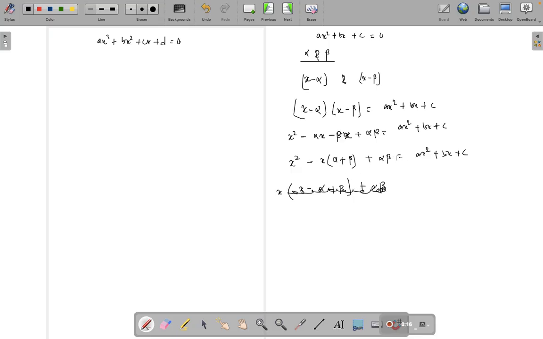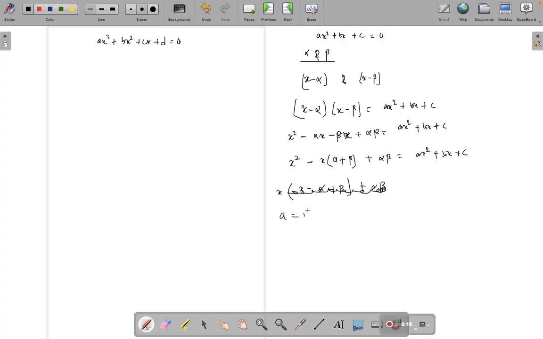if you just compare these two equations, what do you see? So a is 1, because ax square and x square. Okay, let a be 1.